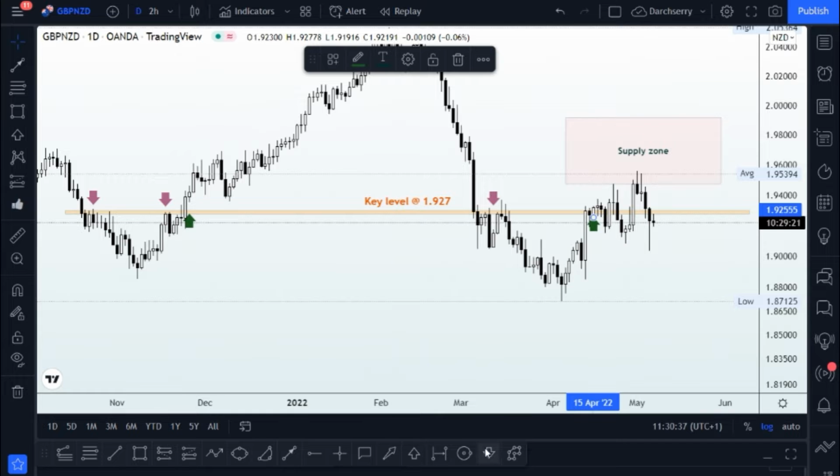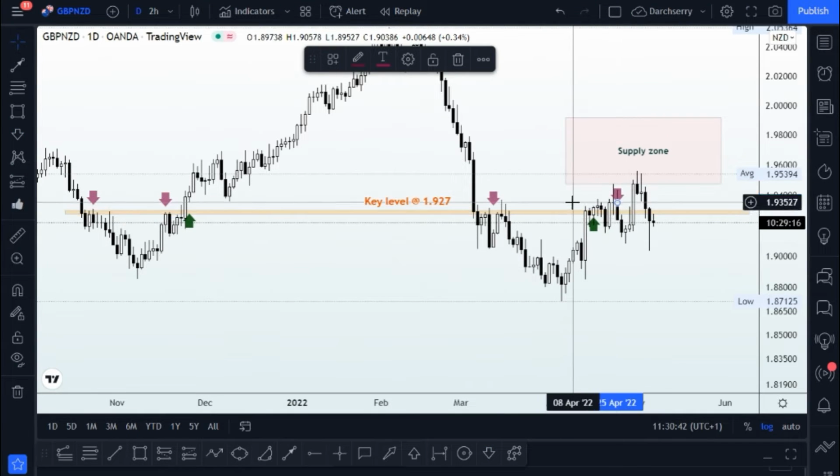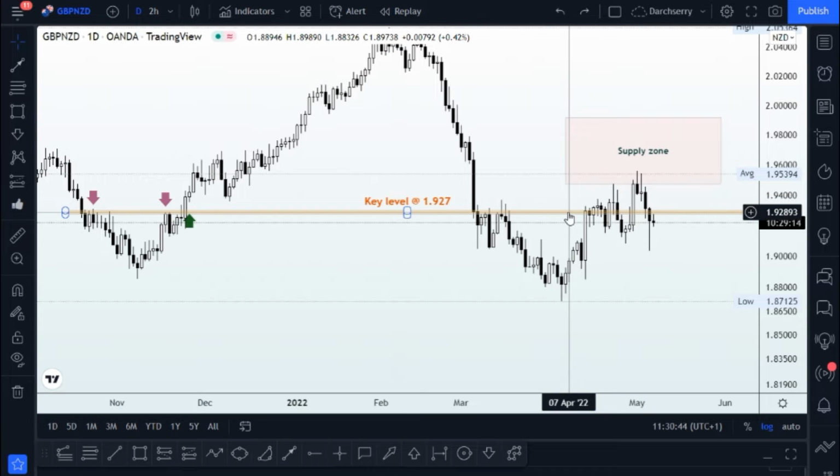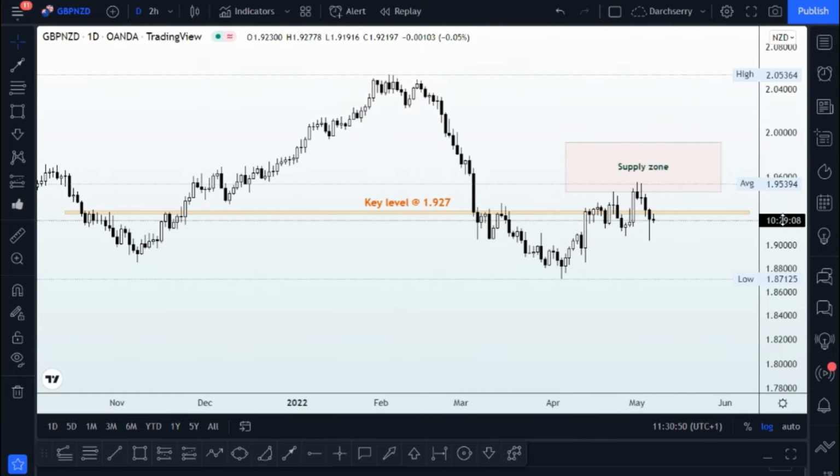Since that time we've been seeing a breakdown and multiple rejections of this area. So this emphasizes the strength of that key level, as it has determined price movement as soon as price touches or comes through that area.